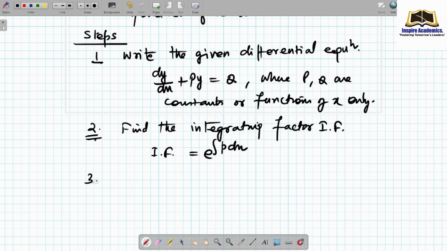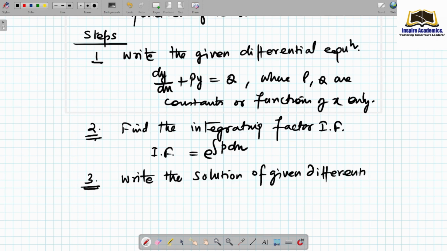Step number 3, write the solution of the given differential equation. And how would you write?